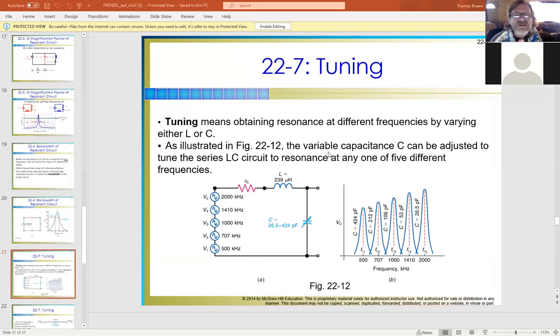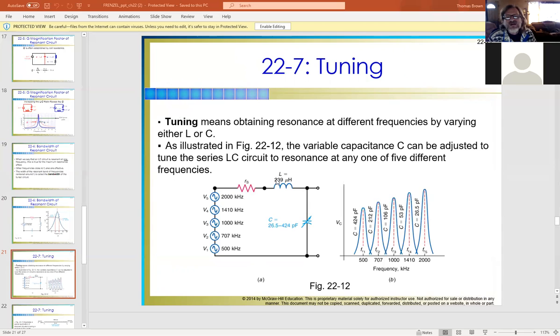And let's see here. As it states in our illustration here, the variable C can be adjusted to tune this LC circuit to resonance at any one of these 5 different frequencies. So let's take a peek here.